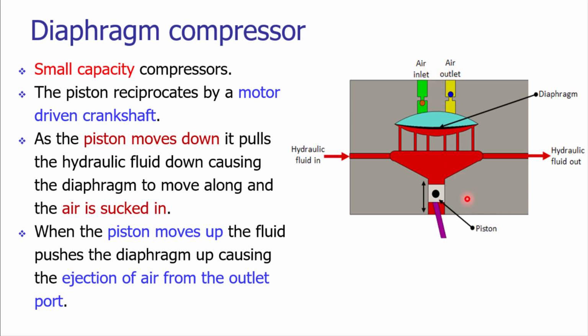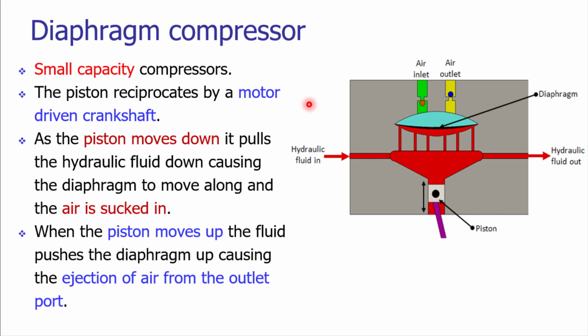So when the piston is moving in downward direction, the fluid is moving in downward direction. So naturally the diaphragm also moves in downward direction, and due to pressure difference, we are getting the ambient air inside the passage. And during the upward motion, the hydraulic fluid is pushing the diaphragm in upward direction, and that is compressing the air, ambient air, and through the outlet valve we are getting the compressed air.